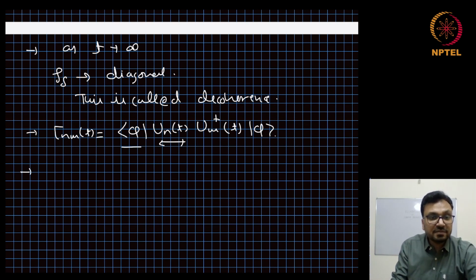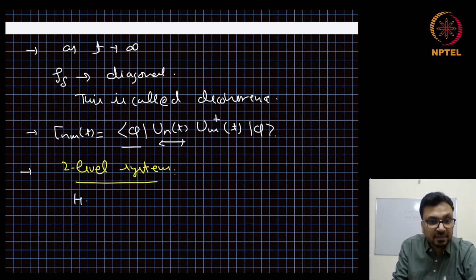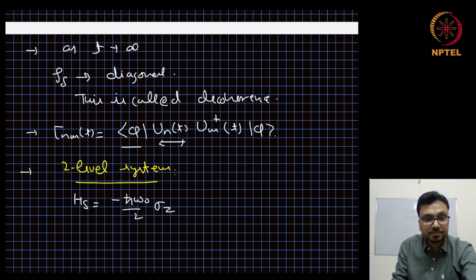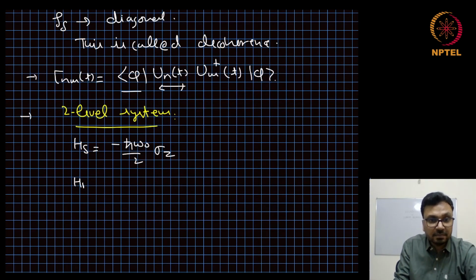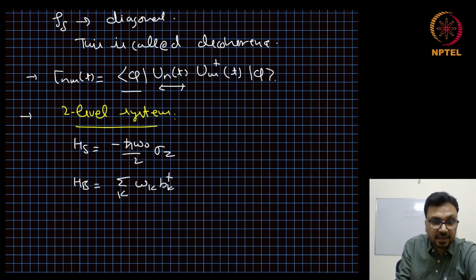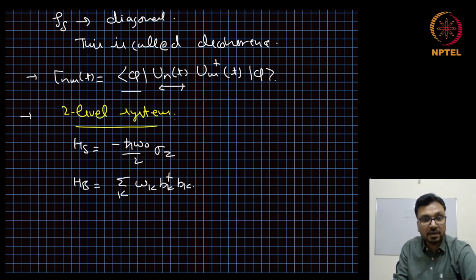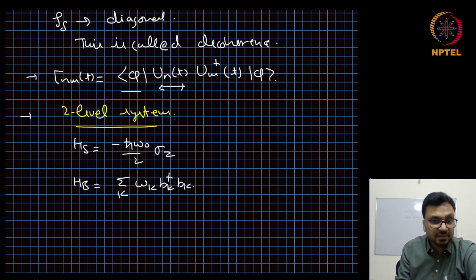Let us consider a specific example of qubits, the two-level system. Here we have the system Hamiltonian, which is minus ħω₀/2 σ_z. We can take the Hamiltonian of the bath as the sum over k of ω_k b_k† b_k, where b_k are the annihilation operators of the harmonic oscillator with frequency ω_k.